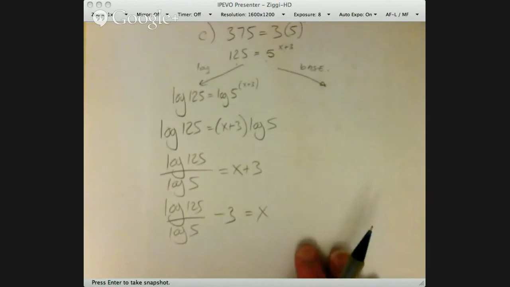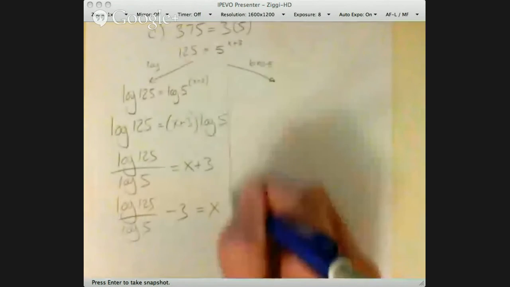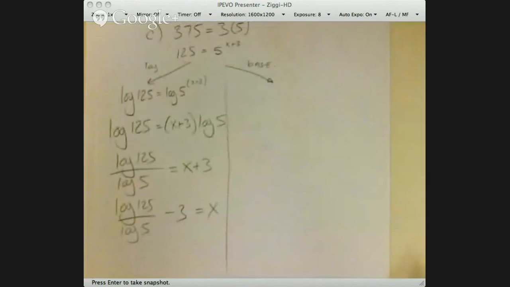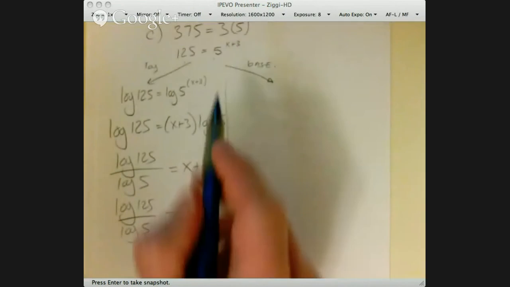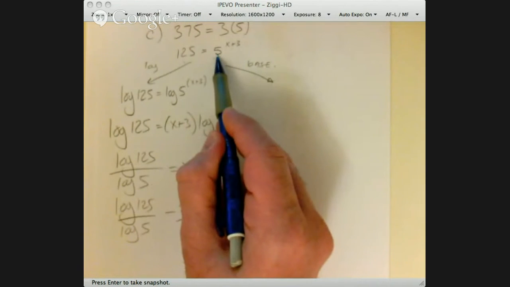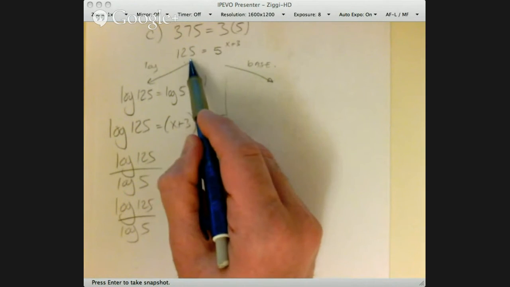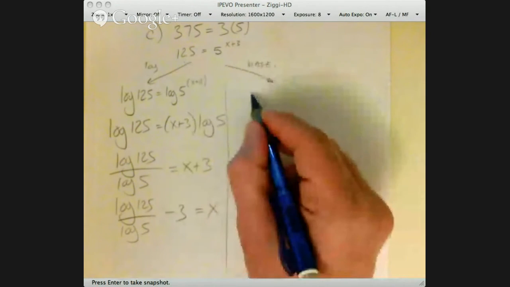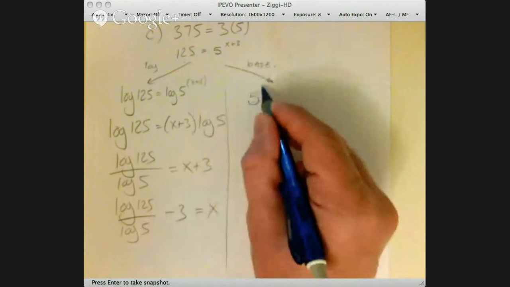Okay, the base form that's different only works when we have two things in our problem where they can be written as two bases with the same exponent. In the case of this, 125 can be written as 5 raised to the third power.